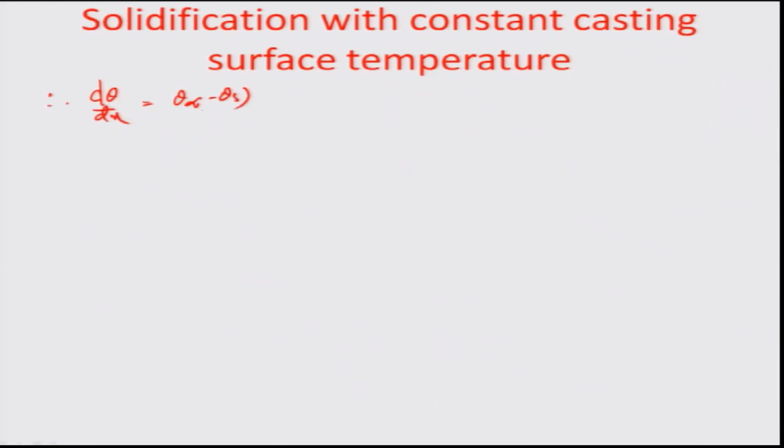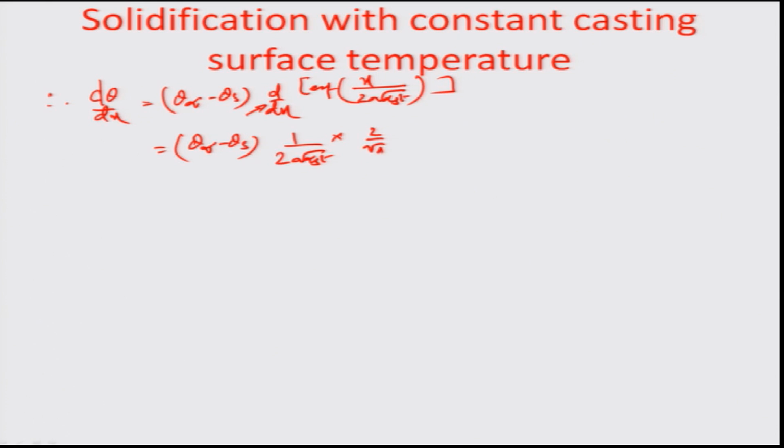So theta infinity minus theta s times d by dx of the error function of x by twice root of alpha s t, and therefore this can be defined as theta infinity minus theta s times 1 by twice root alpha s t times, differentiating this error function, 2 by root pi exponential to the power of minus x by twice root alpha s t squared.